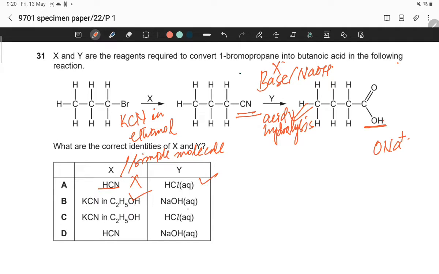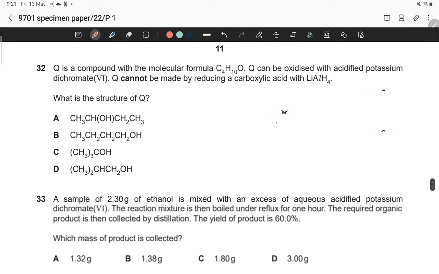KCN and ethanol are correct. Sodium hydroxide is incorrect. KCN in ethanol, HCl is correct. So C is the best option.